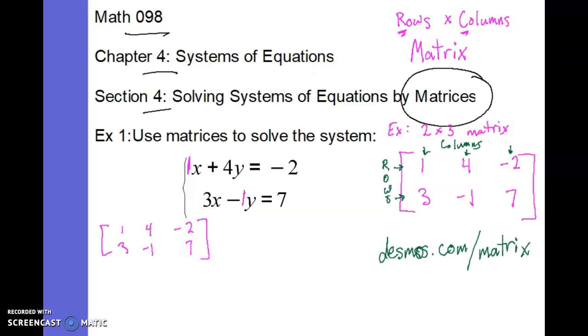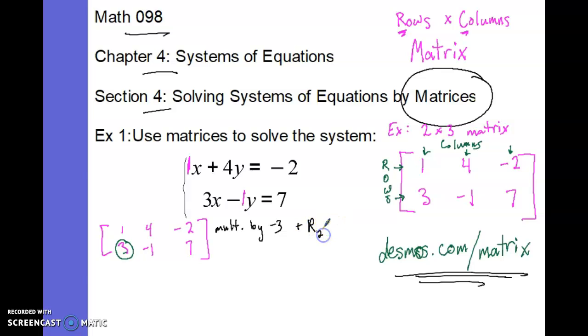Your goal is to get this number right here to be 0. There's a lot of mental math going on here, so if you get confused, don't worry, I'm going to show you how to use an online calculator. I could get this to be 0 if I multiply the top by -3, because 1 times -3 is this, and then add it to the second row.